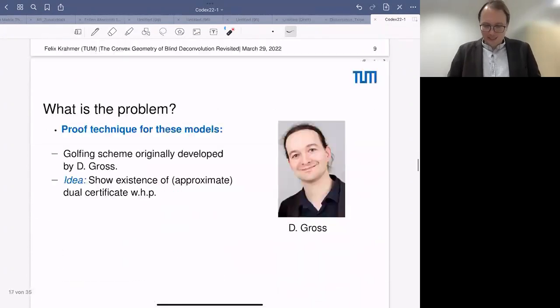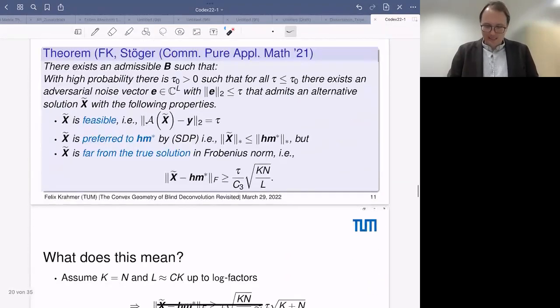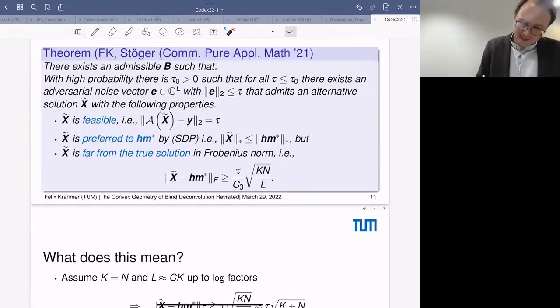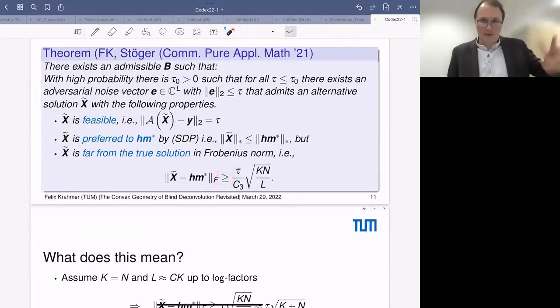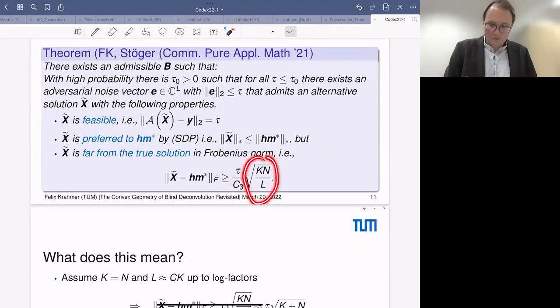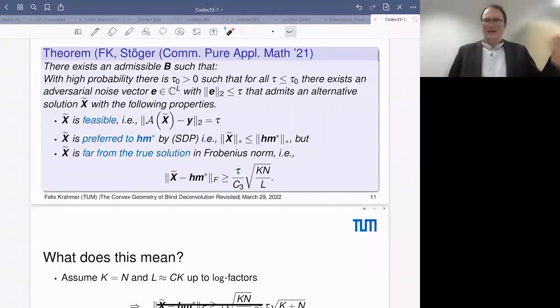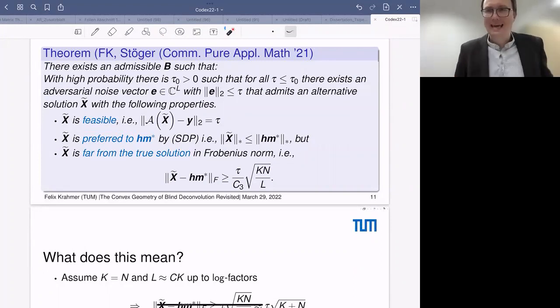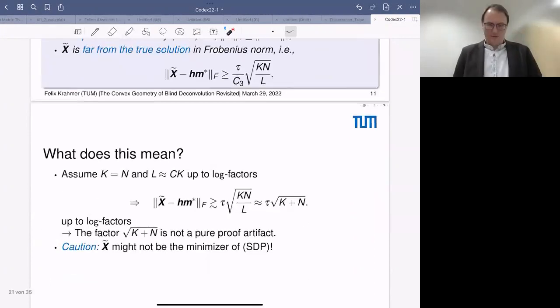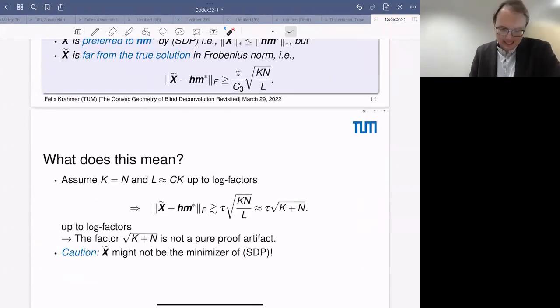If we want to disprove this, our counterexample must satisfy the same condition in the other direction, with some additional dimensional factor. In this case, what we get is square root of k n over L. This looks different: we had square root of k plus n, and now we have square root of k n over L. So is this really a counterexample? Let's see that it is.